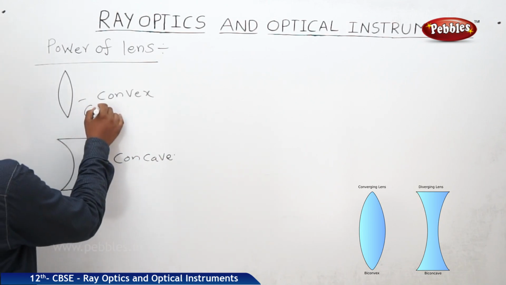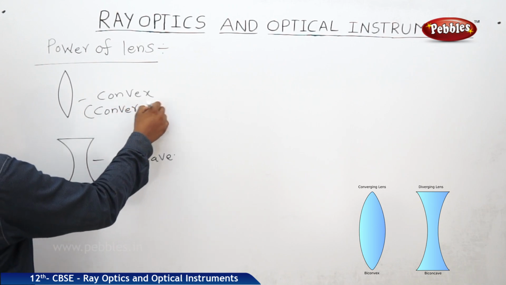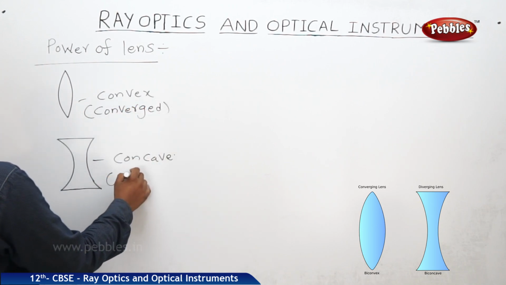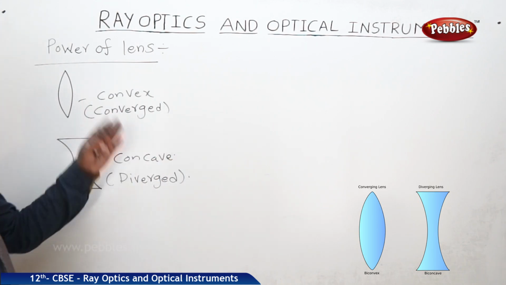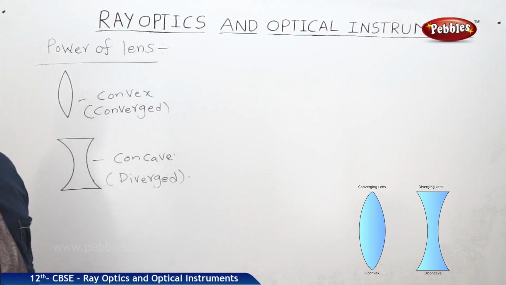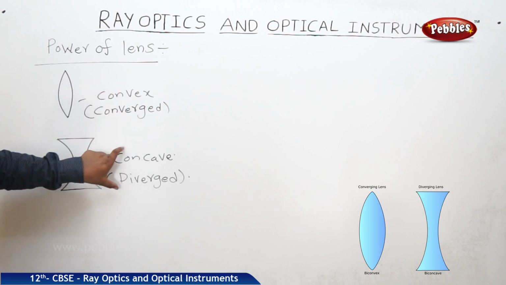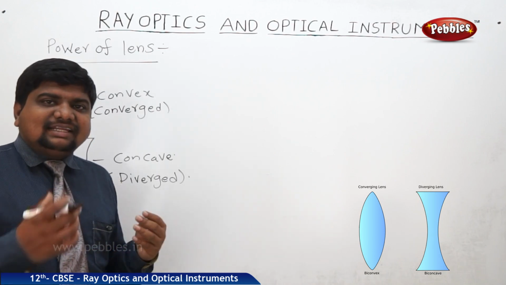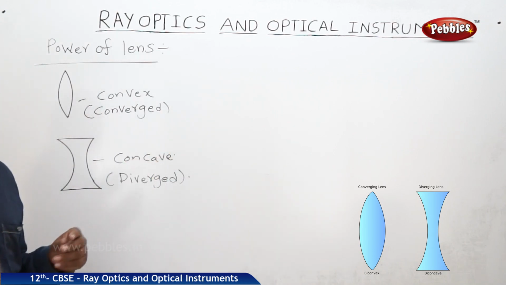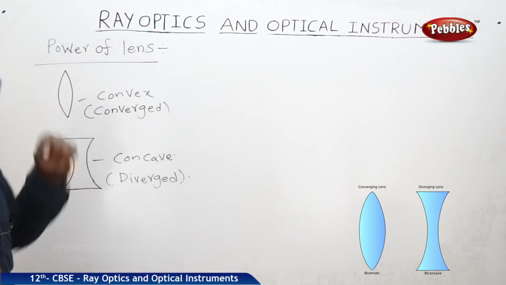A convex lens gives a converged image, and a concave lens gives a diverged one. Both cases are exactly reciprocal to the mirror cases. So what is the meaning of power of a lens? The ability to converge the light rays or diverge the light rays. To how much extent the light rays can be converged by a lens, or to how much extent they can be diverged by a lens, is called the power of the lens.